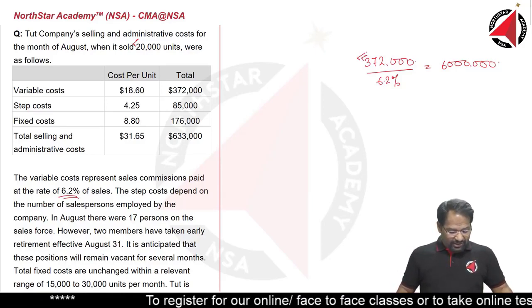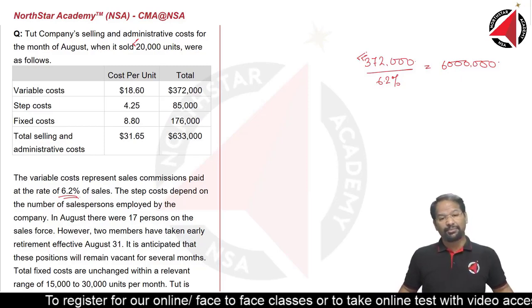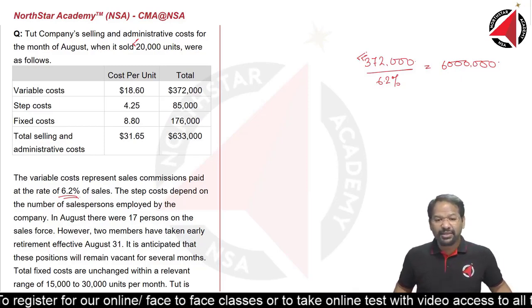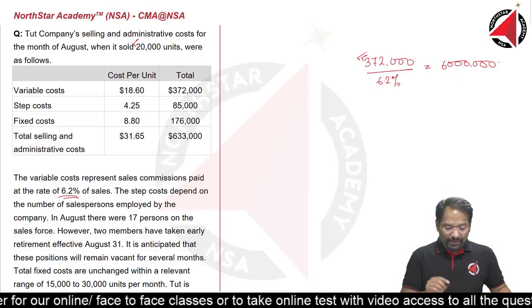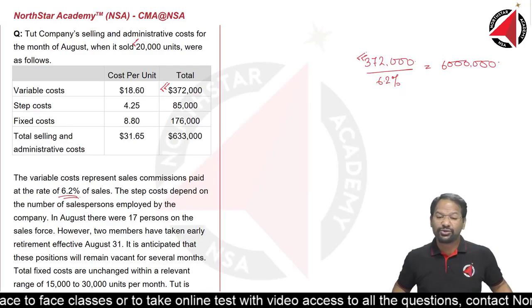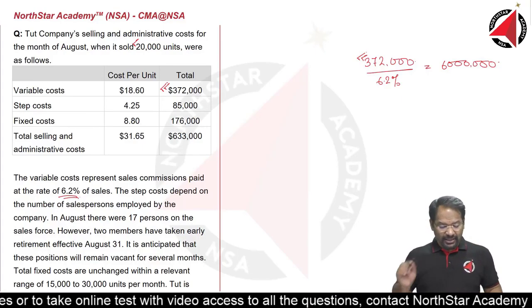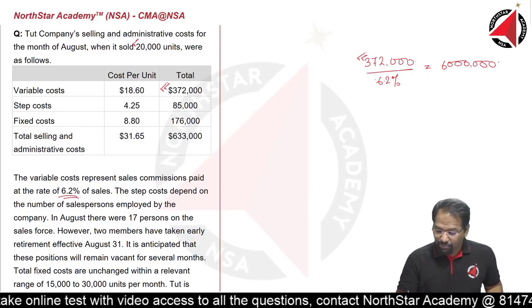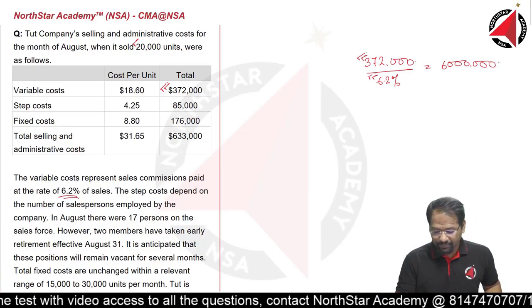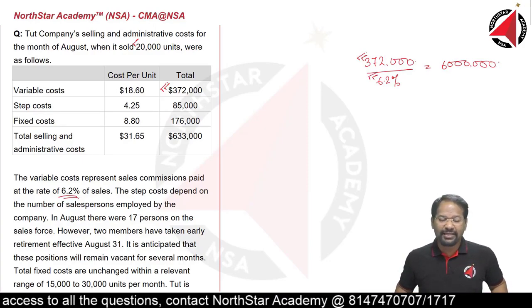Now, one small relationship you need to understand. The question says that the sales price has been reduced by 10%. If the sales price has been reduced by 10%, what will be the impact on this cost? Remember, this cost would also decrease by exactly 10% if it needs to be 6.2% of sales. If you have not understood this point, let me explain through an example.